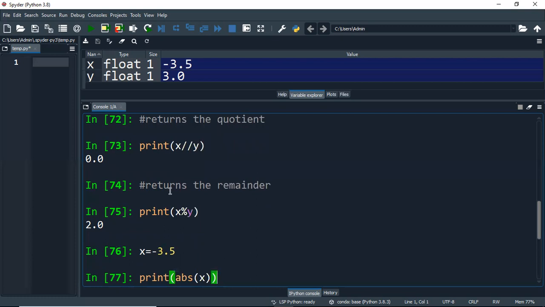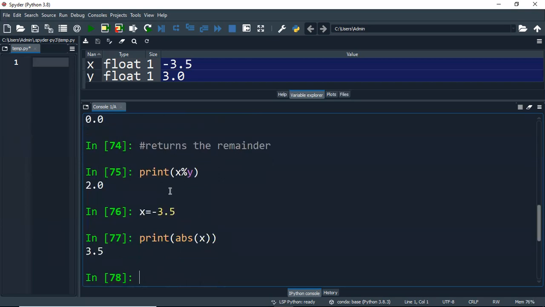I am combining two different functions, guys. Print, and then I am using another built-in function called abs. Then I am passing the variable for which I need to find the absolute value. Now can you get this? The negative symbol is removed, you are finding the absolute value. So this is how you can do it.